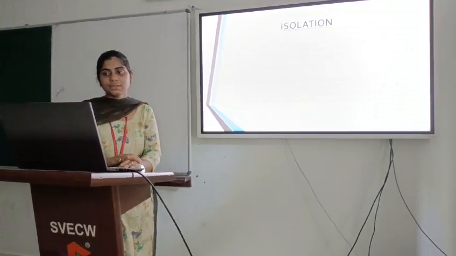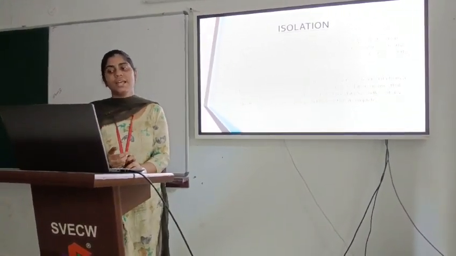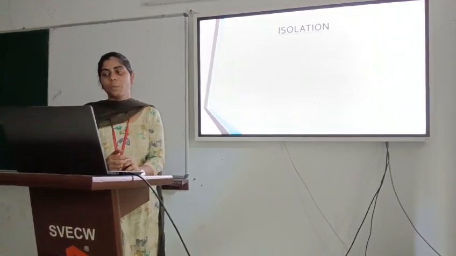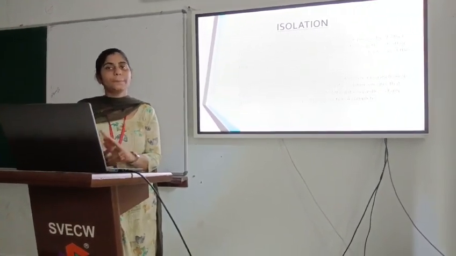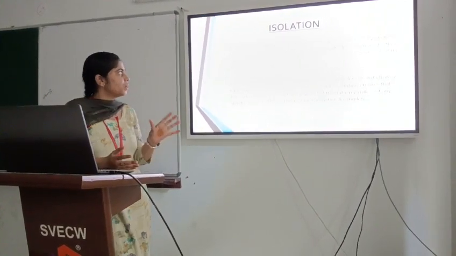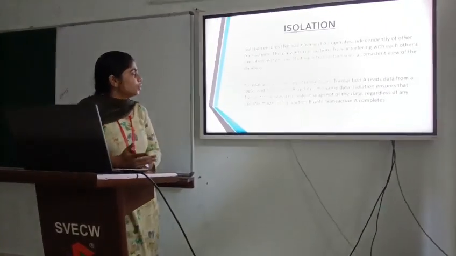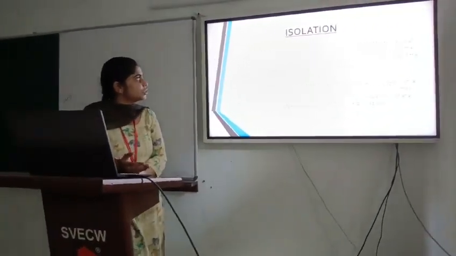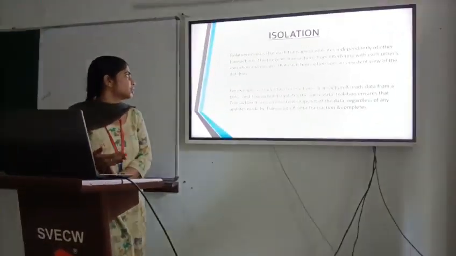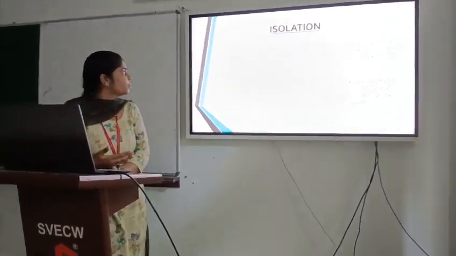The next one is isolation. Isolation ensures that each transaction operates independently. There is no dependency of transactions on one another. This prevents transactions from interfering with each other's execution and ensures that each transaction has a consistent view of the database.